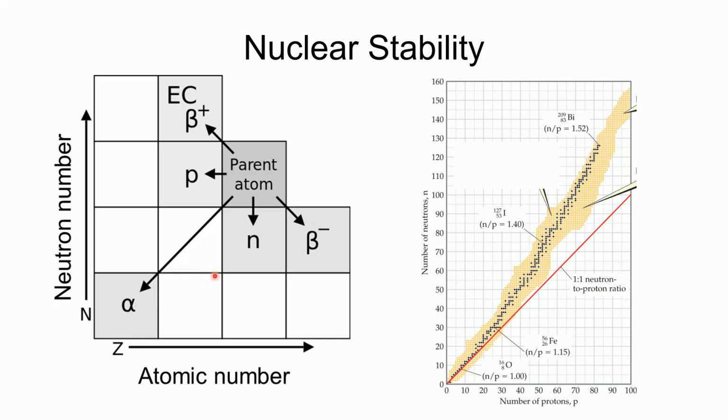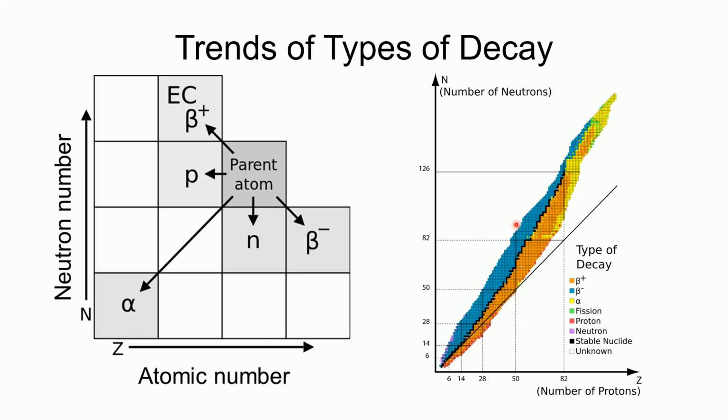If we've got relatively large elements, the ones that are out here, for example, uranium, they are more likely to undergo alpha decay. So I've got a special version of this chart that demonstrates this. It's color coded, and it represents what is going on.